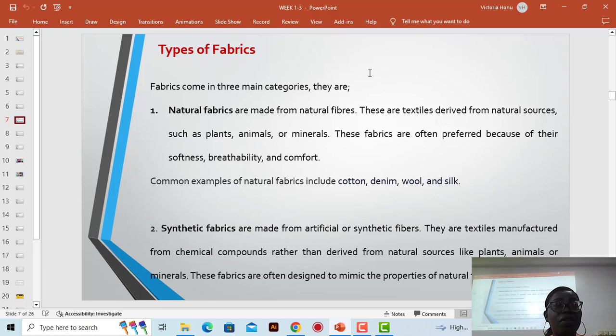We have the natural fabrics, we have the synthetic fabrics. There's a third one. So let's look at the natural fabrics. We won't have to waste too much time on this one since we've done them before. So these ones are derived from natural sources, as we know, plants, animals, and minerals.